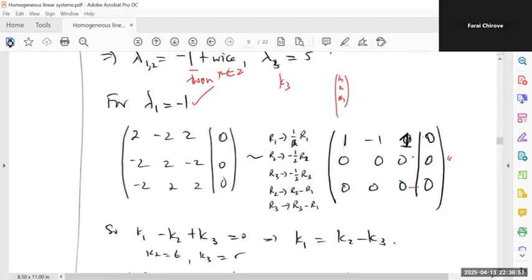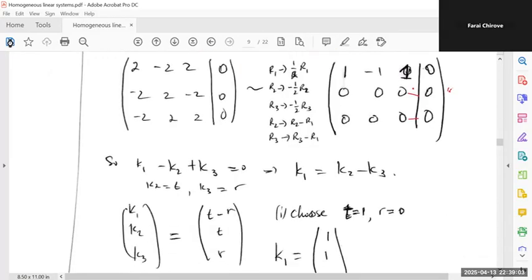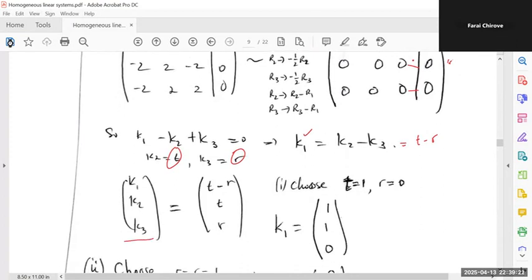So you can find that K3 and K2 are arbitrary. Because they're arbitrary, they need to have two different letters, T or parameters R. And then the first one will give you that K1 is equal to K2 minus K3, which is just T minus R. So when we assemble the eigenvector, we have T minus R.